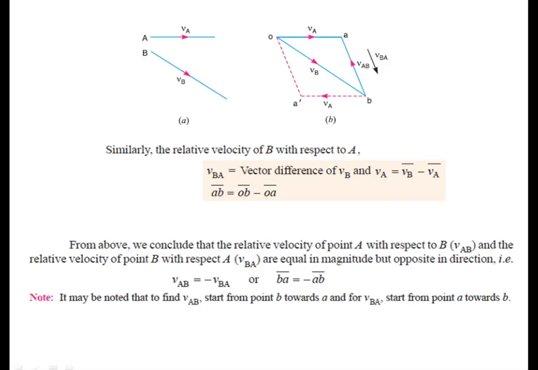In this case, you have to draw the velocity VA. You can see in this figure, this is horizontal, and another angle is given with VB, which is inclined.